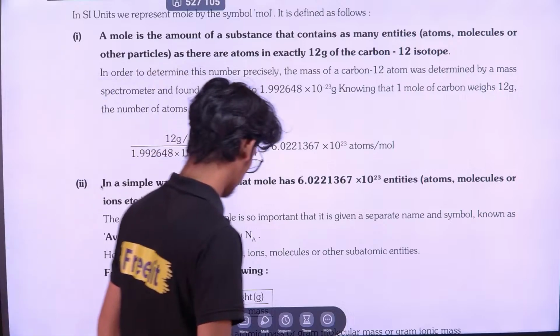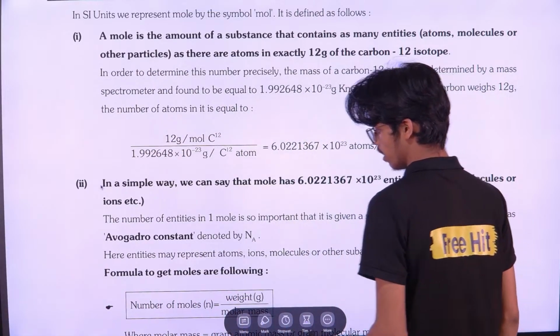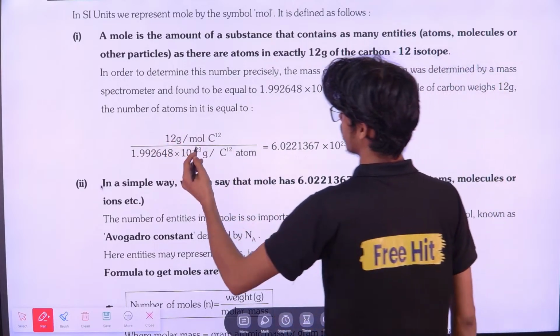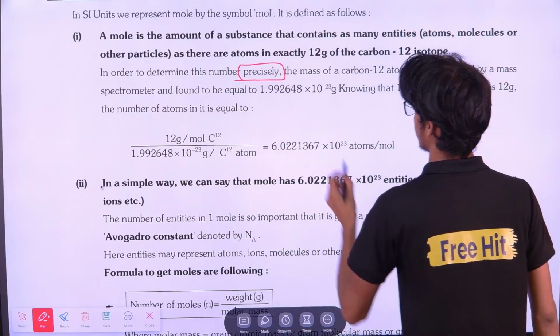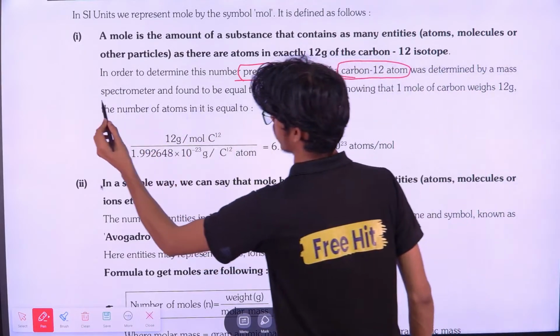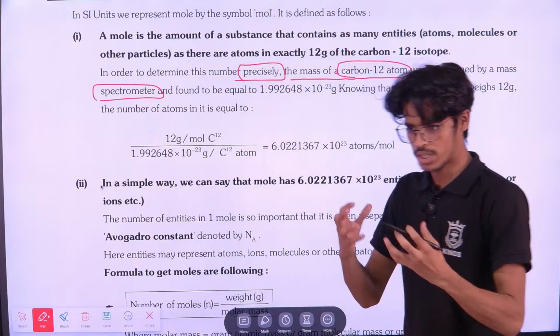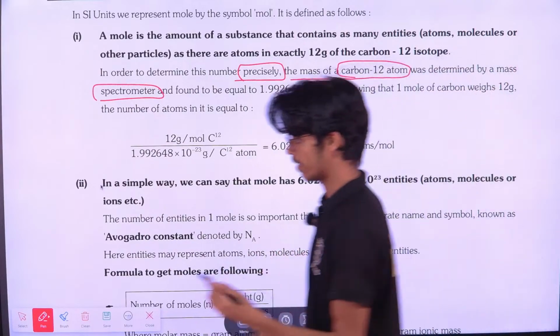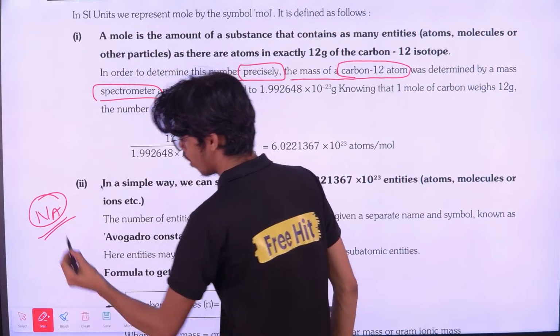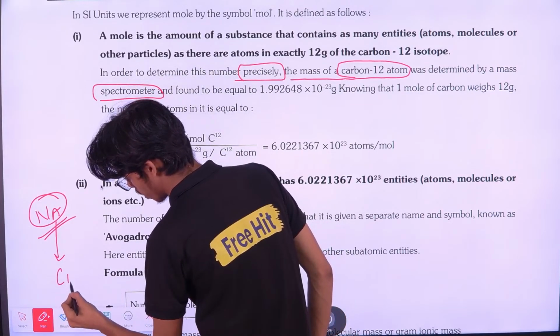So now we need to determine this number. In order to determine this number precisely, the mass of a carbon 12 atom was determined by a spectrometer. To get to know this Avogadro number, Na, we found out the mass of carbon 12.